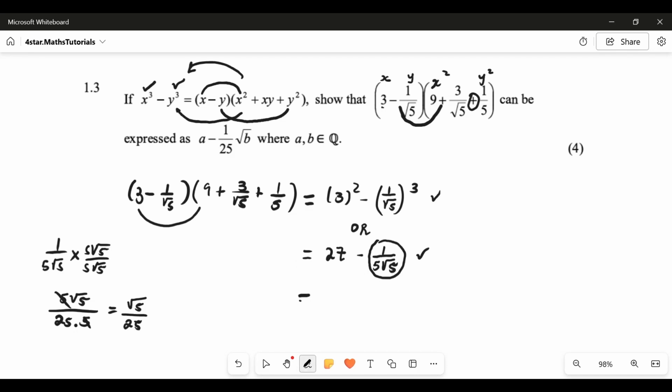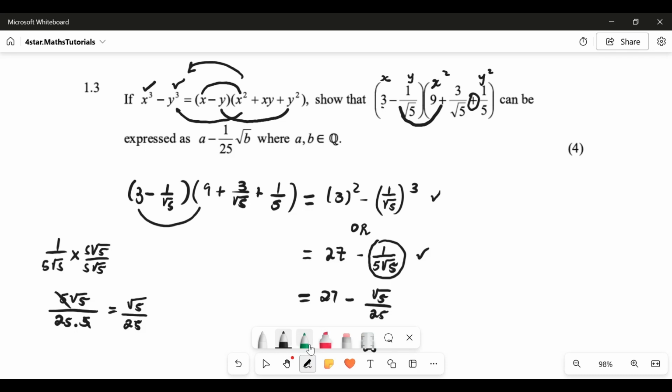So this is the same as 27 minus 5 root of 5 over 25. Then we put it that way: the value of A is 27. Then this can be written as 1 over 25 times root of 5.